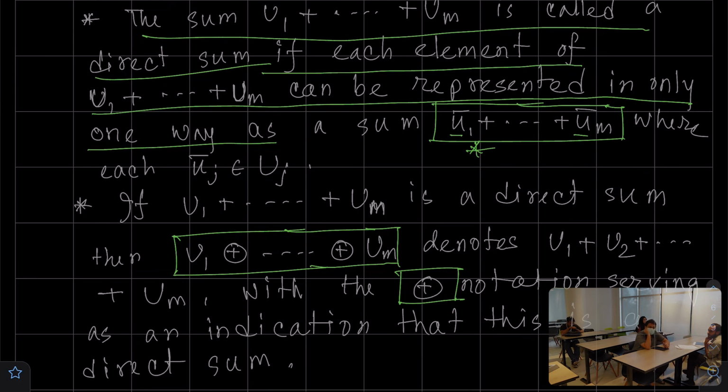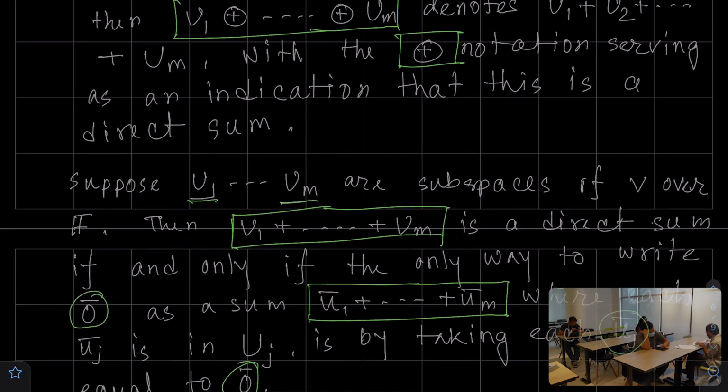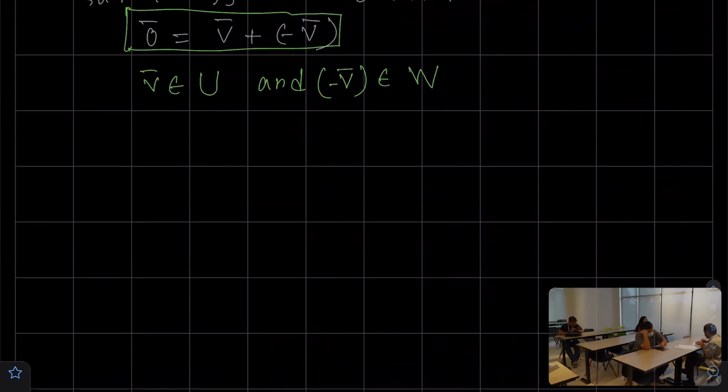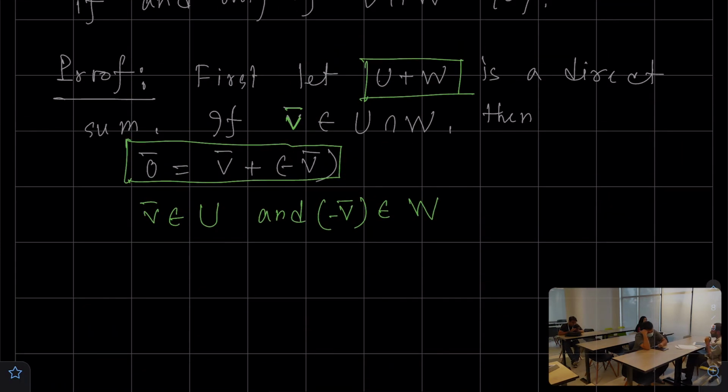So u1 belongs to which subspace? u1, and um belongs to this subspace um, right? And then 0 equals v plus minus v vector.